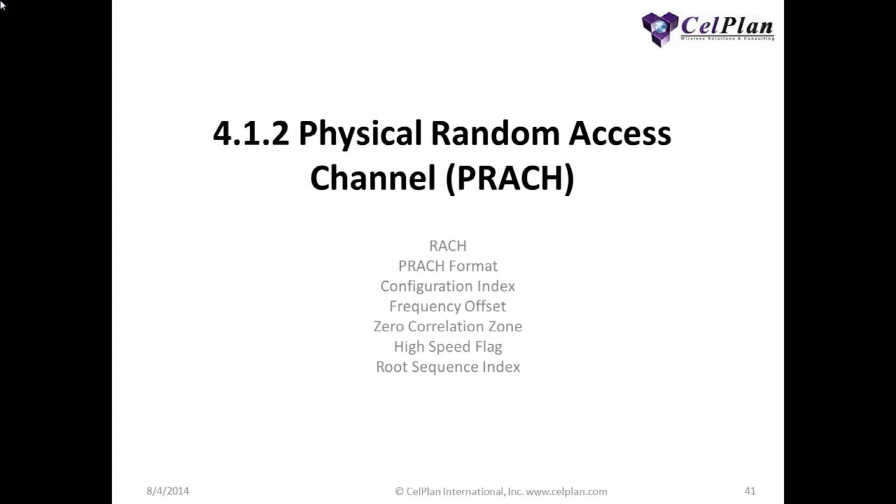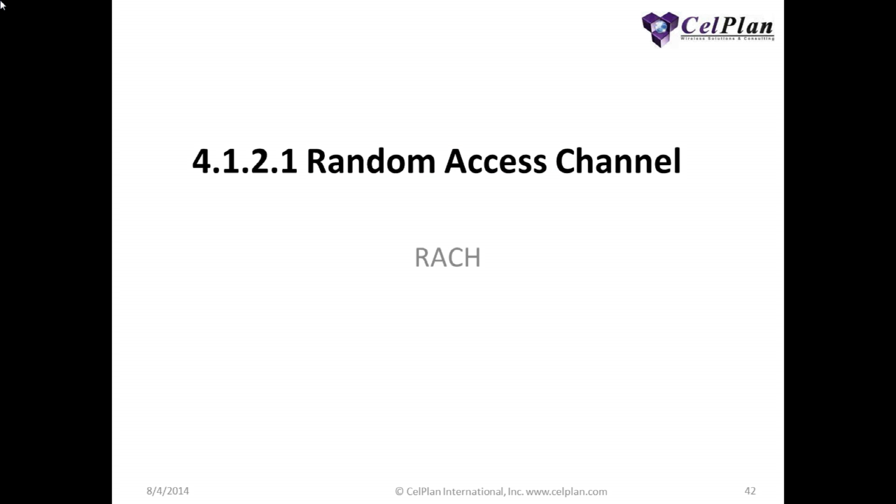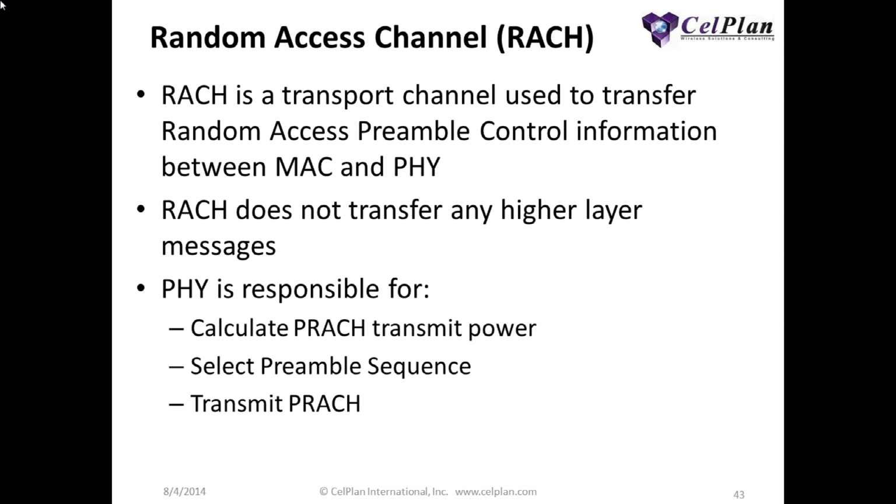Okay, let's speak a little bit about the physical random access channel, PRACH. We'll speak about the RAC, random access channel, the PRACH formats, configuration index, frequency offset, zero correlation zone, high-speed flag, and root sequence index. We already discussed all of this, so basically we'll go a little bit deeper now. Random access channel.